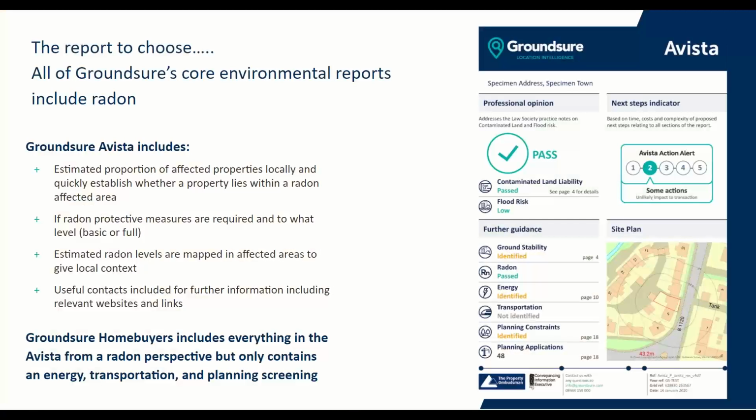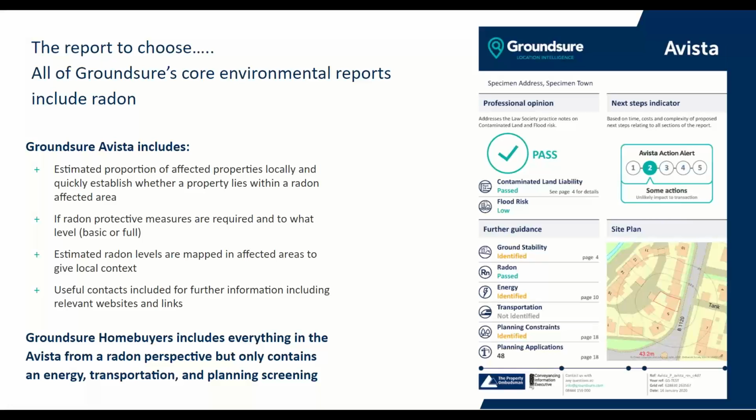In terms of reports and availability, as I've mentioned earlier, all of the Groundsure reports have radon included as standard. So whether it's the all-in-one Avista, which is what you see on the screen, which covers you for 7 different searches in one, or a step down to the home buyers, it also still includes radon.